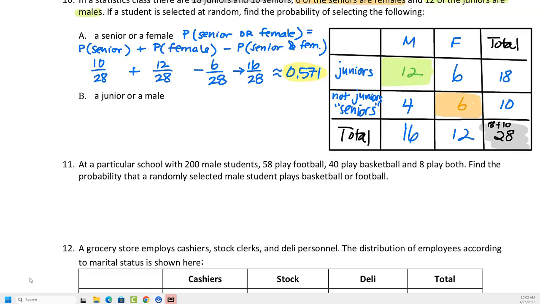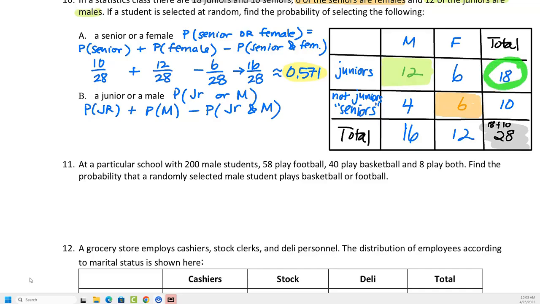Now the probability of a junior or a male. So the probability of a junior or a male, I'll use capital M. That's going to be the probability of a junior plus the probability of a male minus the probability of a junior and a male. Well, the probability of a junior, isn't that going to be 18 28ths?